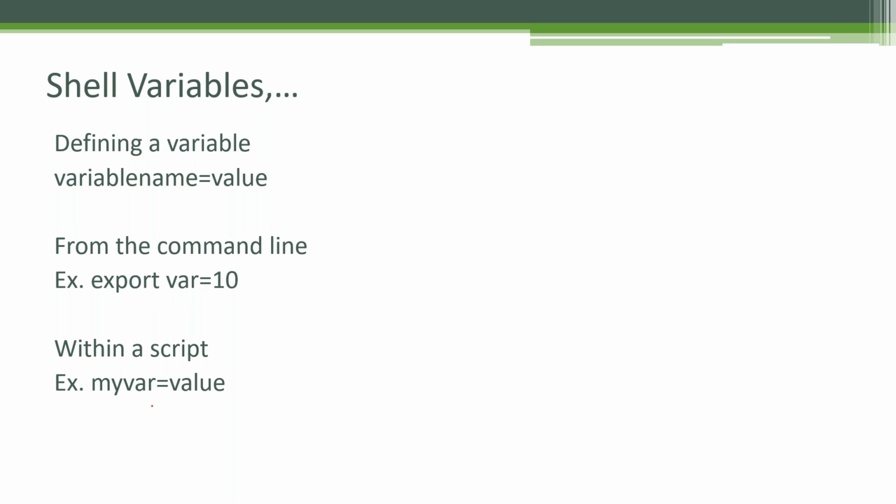So these are some of the examples here, like you can see that var equal to 10 is one of the examples. And you can export it using the export command. This will be stored in the variable list there.